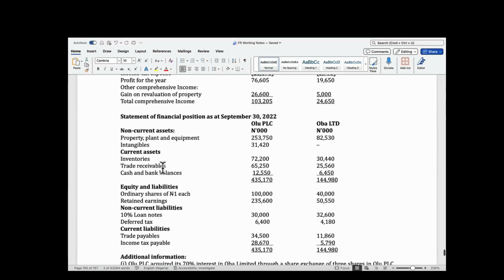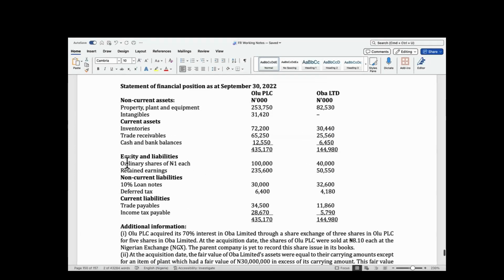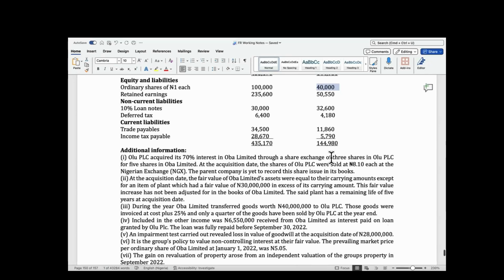And how do I know that? This is the ordinary shares, over 40,000, so the number of shares is 40,000. So we are giving 3 shares in Olu for every 5 in Oba. For every 5 we acquired in you, we are giving you 3 of our shares.